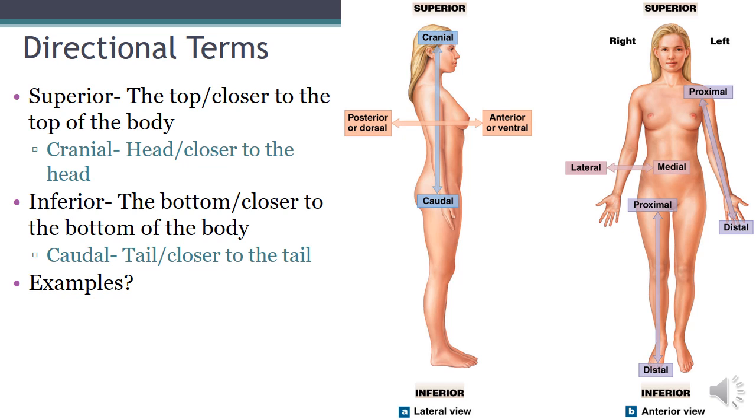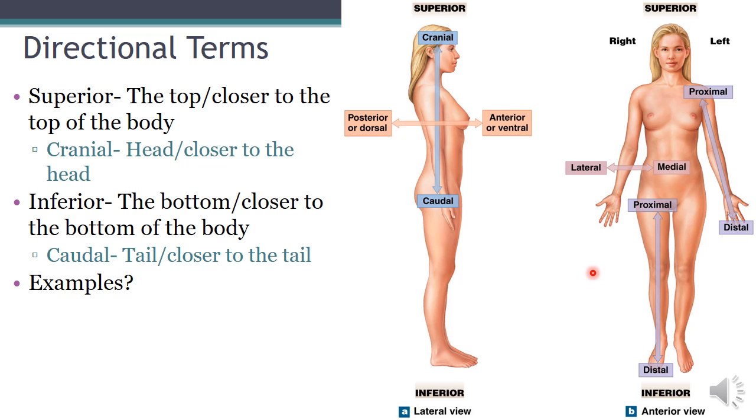Okay. Next is inferior. Inferior means at the bottom or closer to the bottom. It is also common in older texts to hear people use caudal instead of inferior. Caudal is sometimes used interchangeably with inferior.